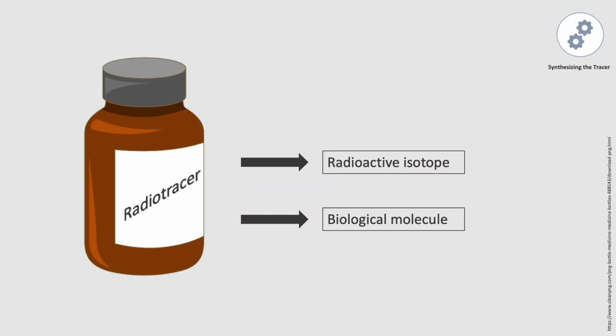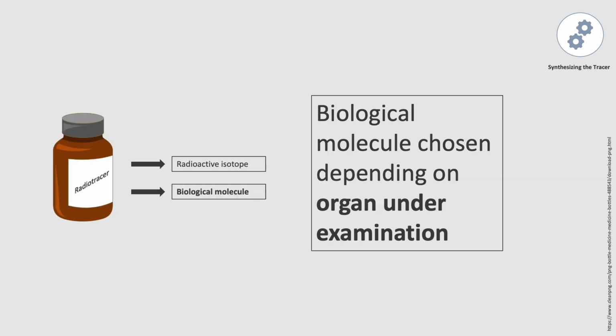After the radioactive isotope has been produced, a specific molecule needs to be added in order for the radiotracer to be complete. The doctors decide on what molecule to add depending on what organ is under examination, while avoiding anything the patient is allergic to.